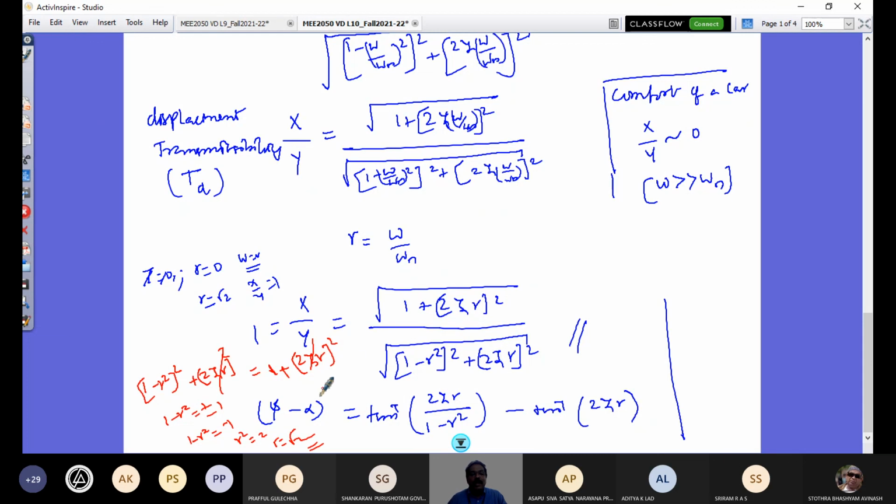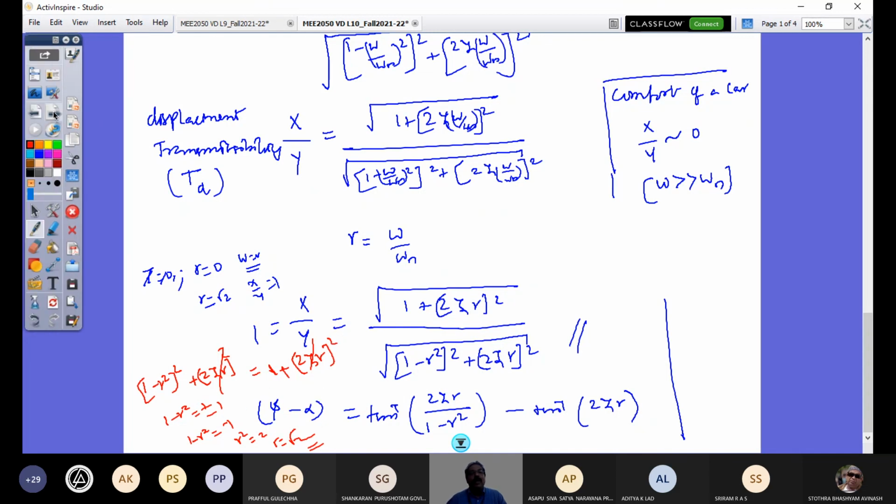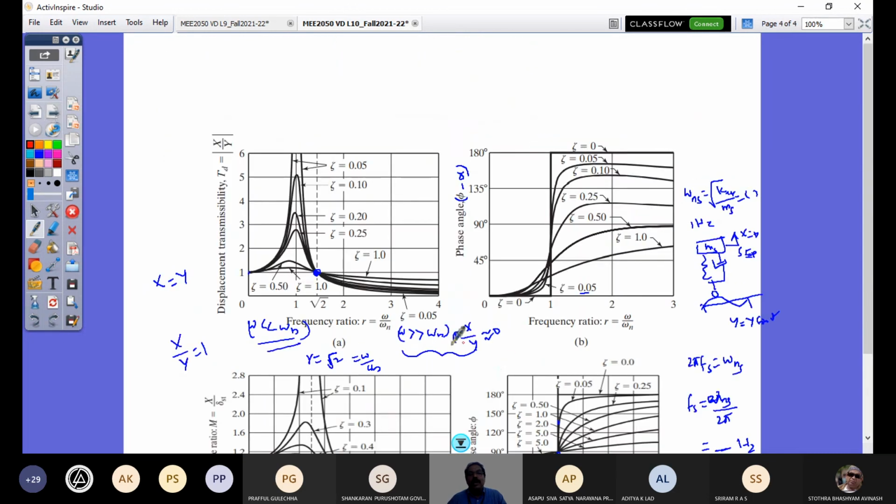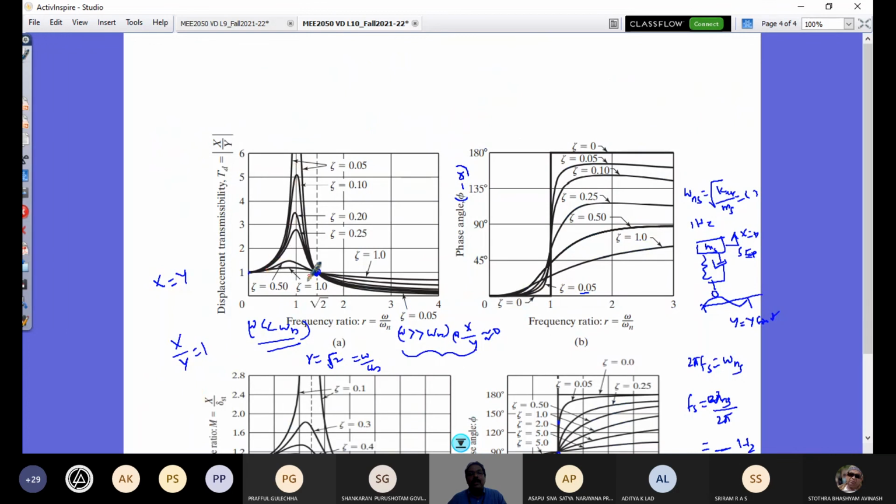So again, you see that it is not a function of zeta. Any value of zeta you substitute here, that term goes off, and you have that one value again. That is why, when you plot this graph, interestingly, all the variations of x by y displacement transmissibility versus frequency ratio, for any chosen damping, cross this point and then it goes on.